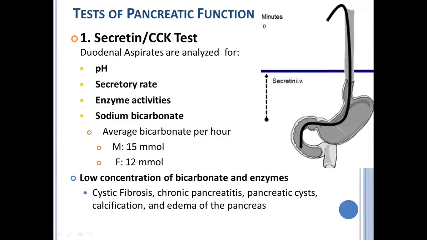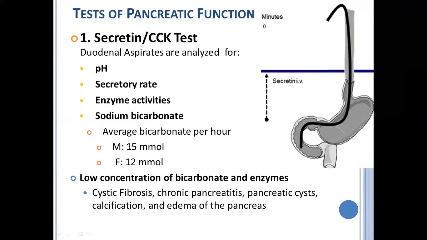So i-compare mo yung basal before giving the secretin and after giving the CCK. Before and after you compare. So kung mababa, low concentration of bicarbonates and enzymes, meaning yung pancreas mo may problema. That indicates impaired pancreatic function.